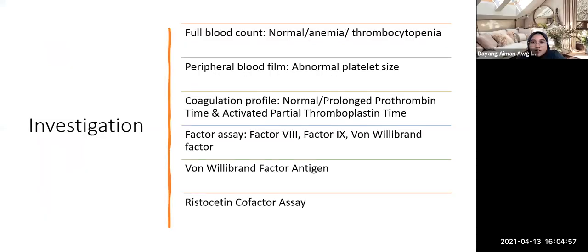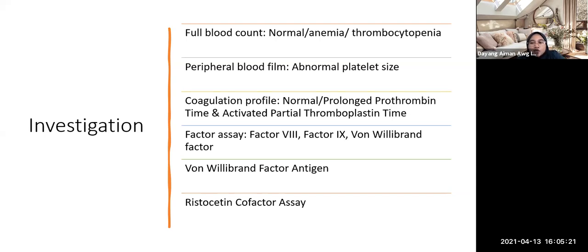So in patients with bleeding, first we can do full blood count, where the patient might have a normal full blood count result, anemia or thrombocytopenia. So normally if the result comes back normal, we will consider the patient as having a physical cause.